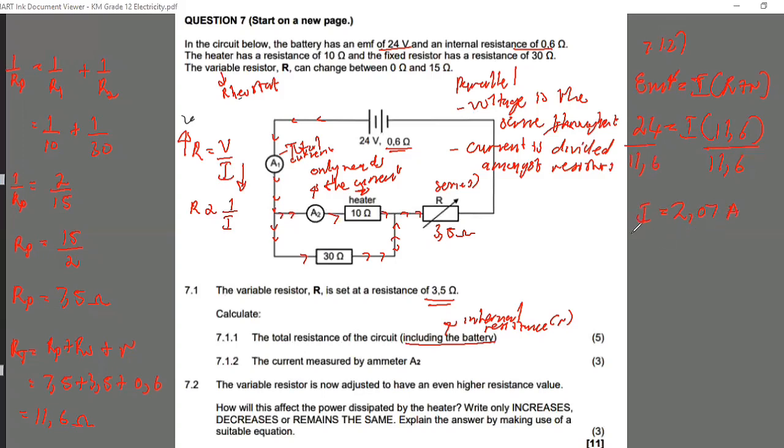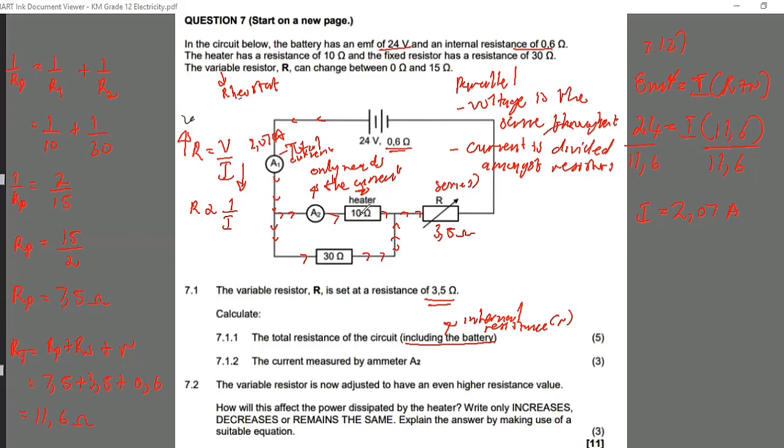Now, what are we going to do with this current? We know that this current is here, right? But remember what we just said about parallel resistors. We said for parallel resistors, the current is divided amongst the resistors. Which current is actually being divided here? The current that is being divided is this total current. So in the parallel connection, this 2.07 amperes will be shared amongst these resistors that are connected in parallel.